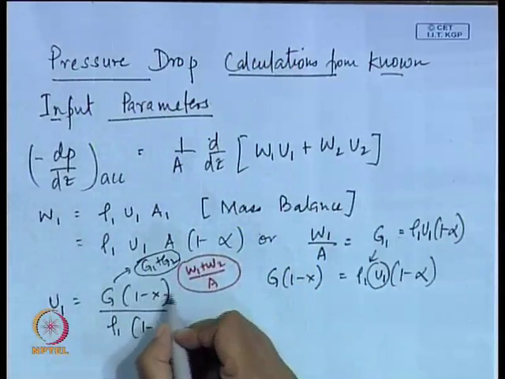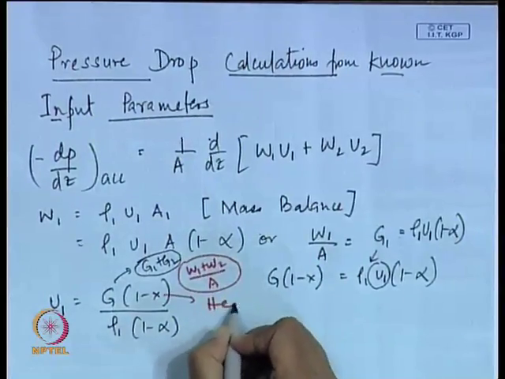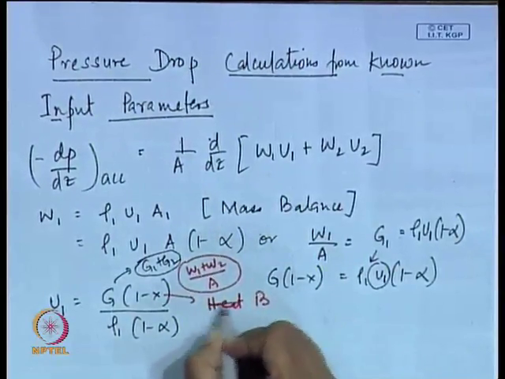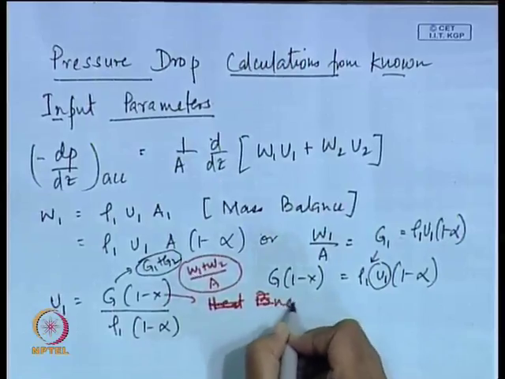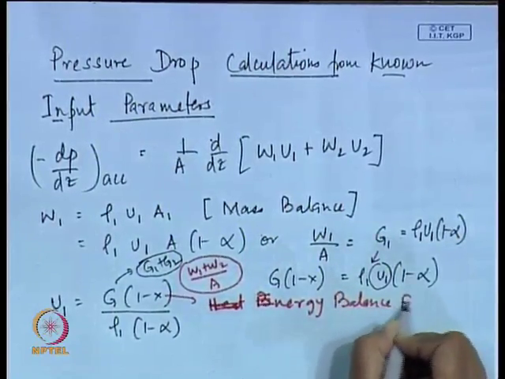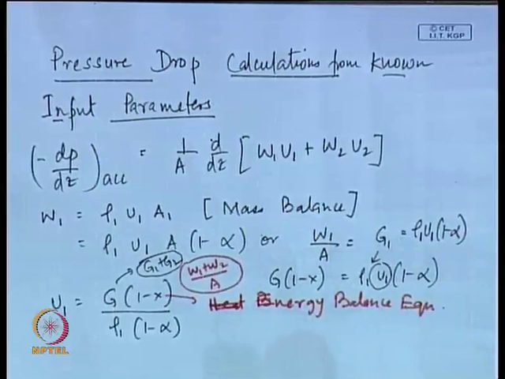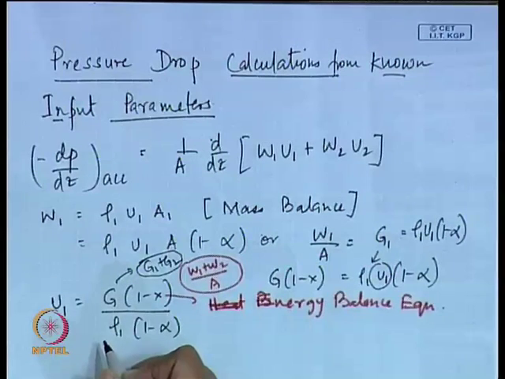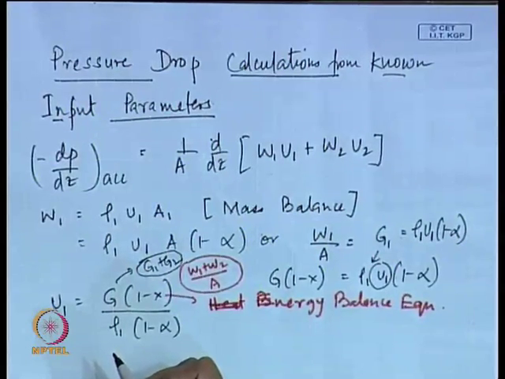So, x we can obtain from the heat balance equation, or energy balance rather, so this is also an input. Rho 1 we can find out from standard tables, and if it varies with pressure, we can find out how it varies with pressure either from the thermodynamic equation of state, usually that happens for the gas phase, rho 2; rho 1 is usually constant.